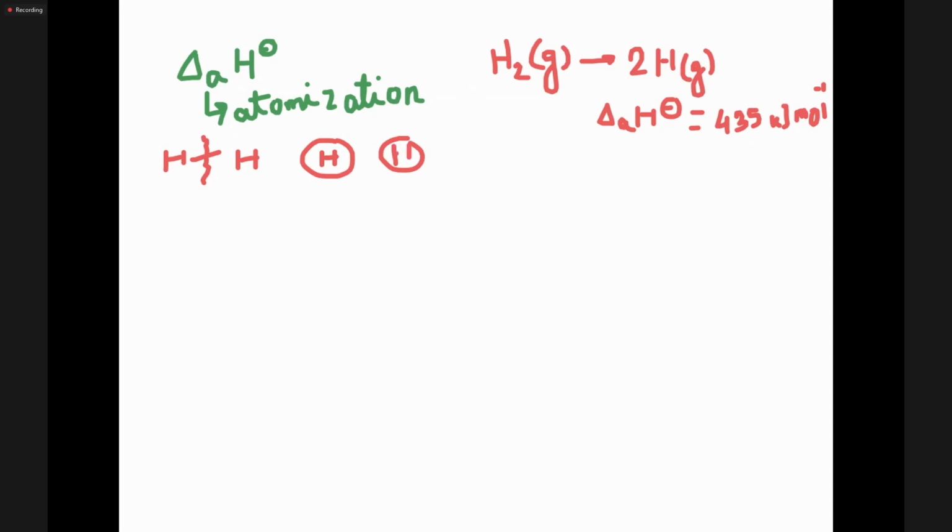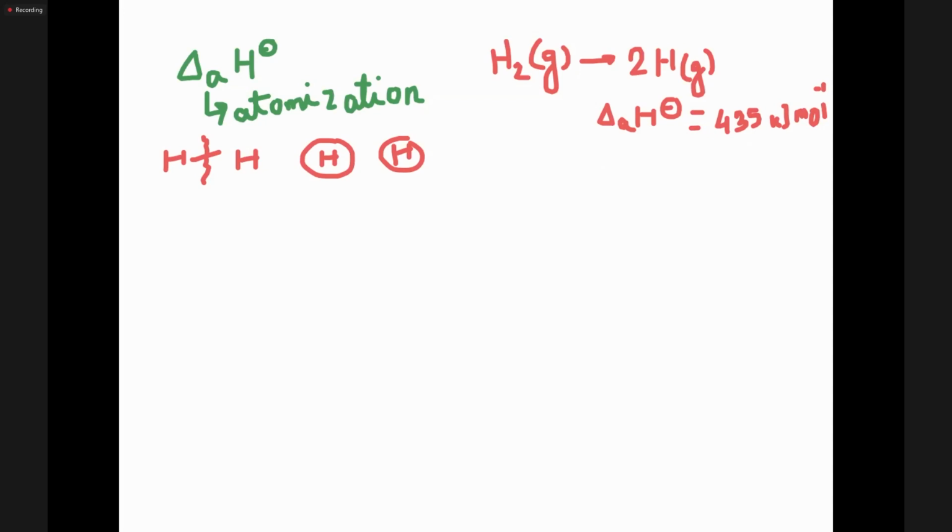And that is an endothermic procedure, which is very obvious from the delta aH minus value, that is 435 kilojoule per mole. So from the dihydrogen molecule, we are breaking the hydrogen-hydrogen bond, and that's why the process is called the enthalpy of atomization. It is actually the enthalpy change on breaking 1 mole of bonds completely to obtain the atoms in the gaseous phase.